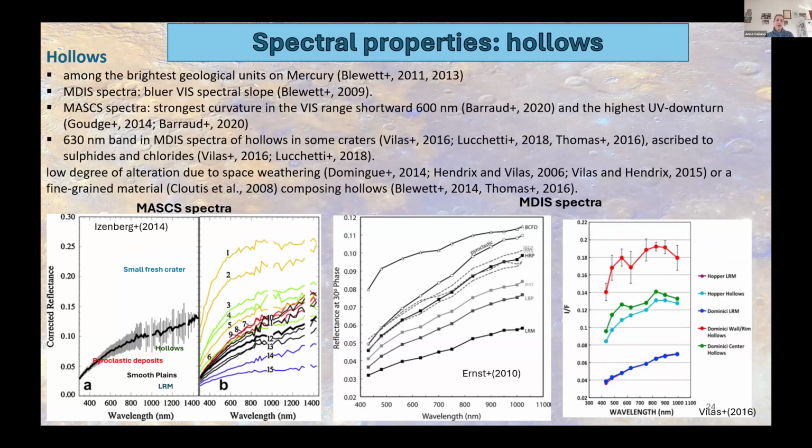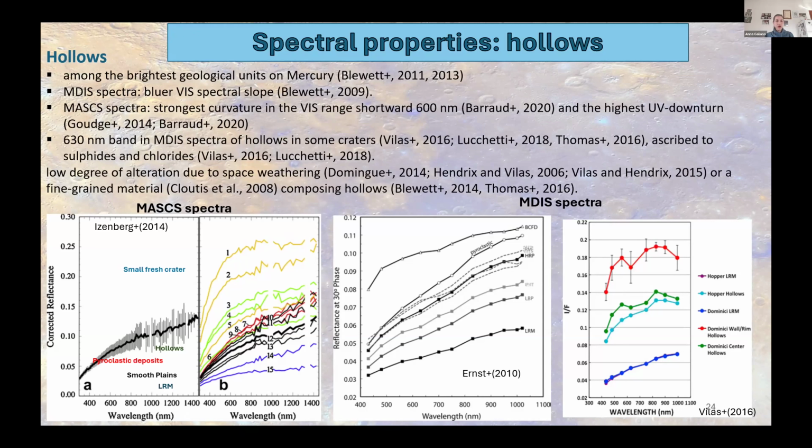Concerning hollows, these are represented by these yellow spectra in this image acquired by the MASCS spectrometer. And these are among the brightest geologic units of Mercury, in fact, they have a higher reflectance with respect to the other units, and have a bluer visible spectral slope. So their slope is almost flat and not red.